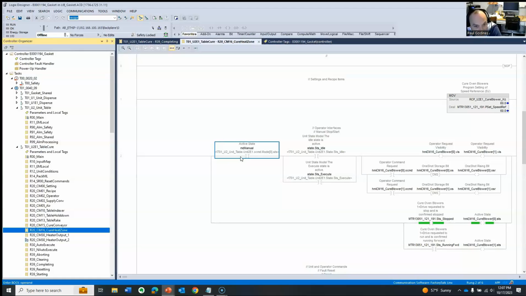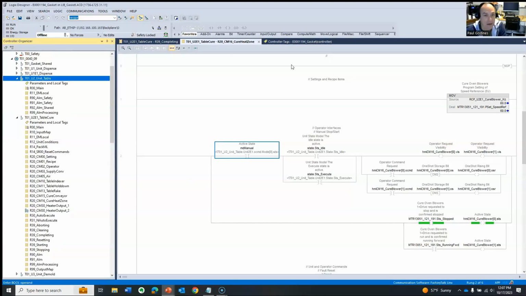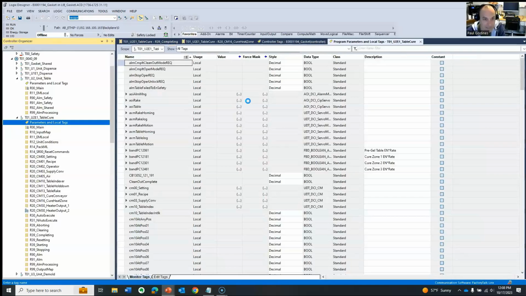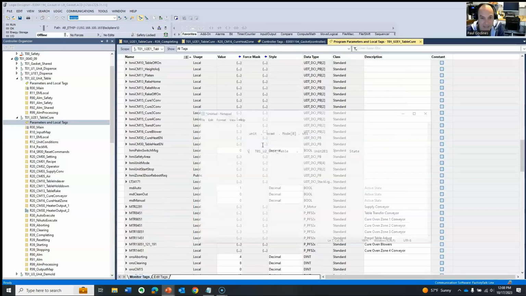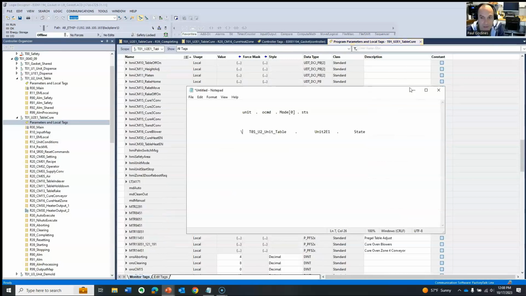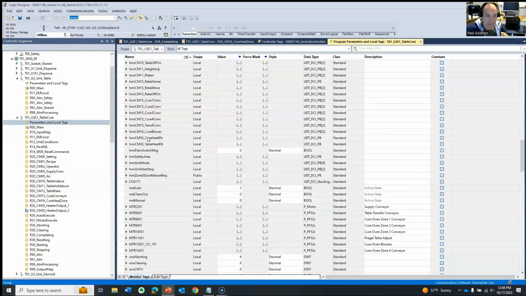But that tag is referring to this routine. Now, what's the big deal? You might be asking. Well, let's look inside this routine, T01 UTE1 table cure, right? So let's look at our local tags. What we're going to find out is we do not have a T01 U2 unit table.